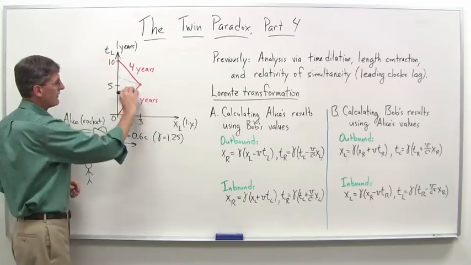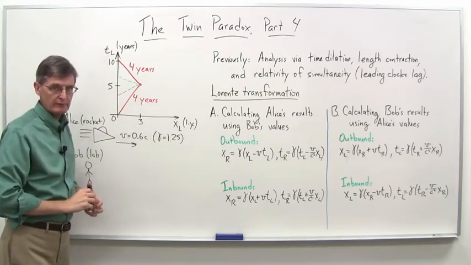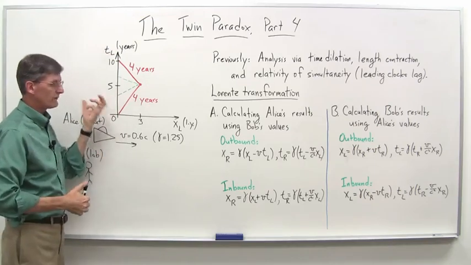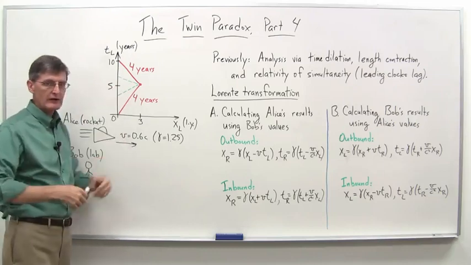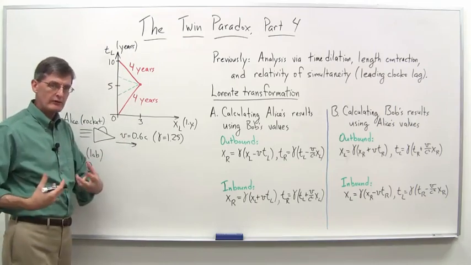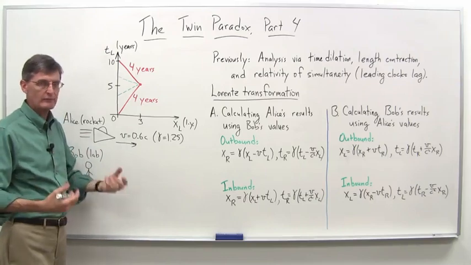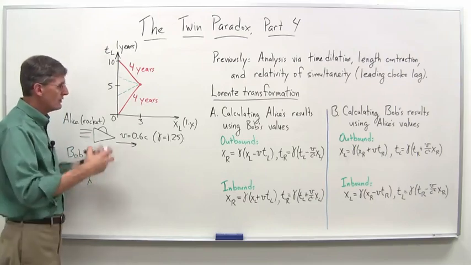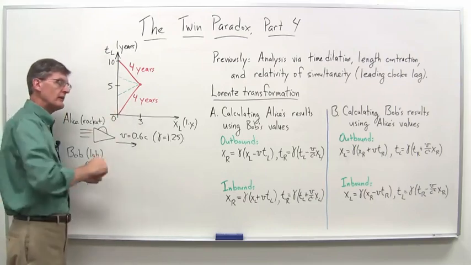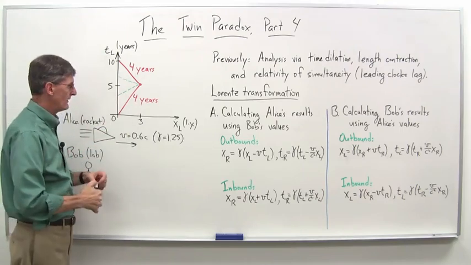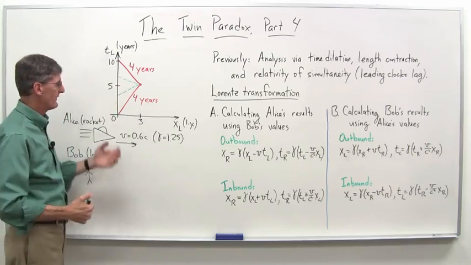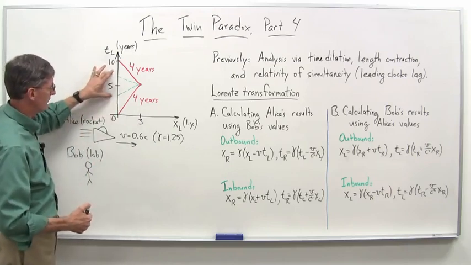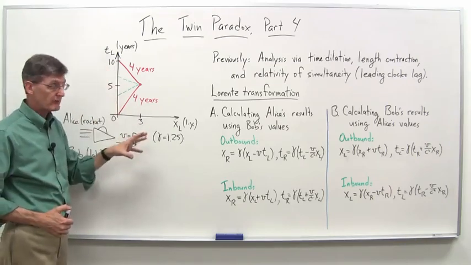And at that turnaround, there's a jump that takes place between frames of reference, and therefore Bob's clocks speed up compared to Alice's clocks at that point and tick faster, as it were. You can actually delve into the details of that turnaround and analyze it and show in more detail, if you want, that this actually occurs. But for our purposes, we just say, hey, change in frame of reference.